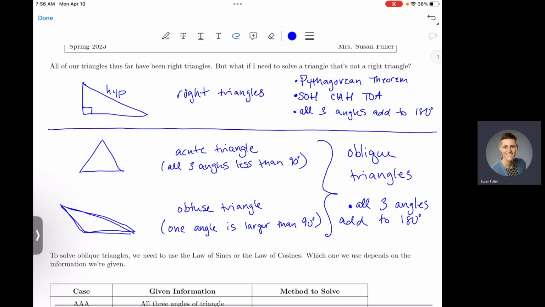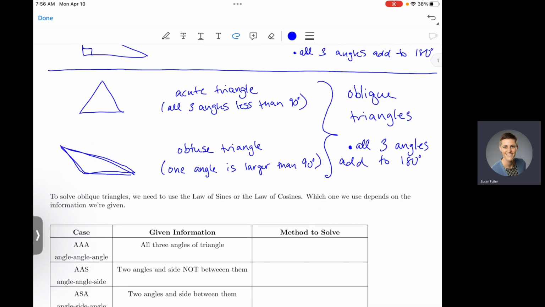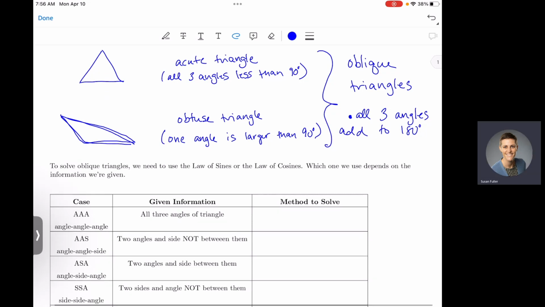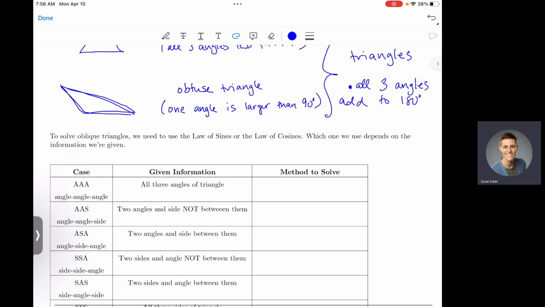Okay, so we're going to figure out how to solve oblique triangles. If I have some information about them, how do I fill in the missing information? We are going to use something called the law of sines and the law of cosines to help us.